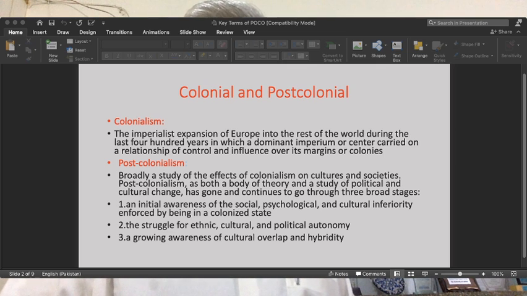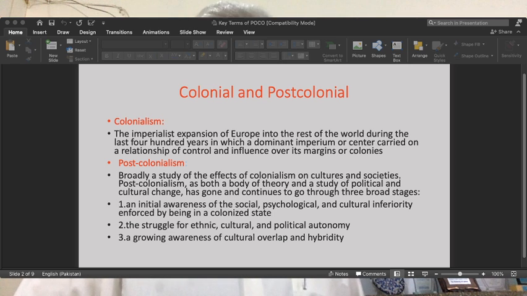That activity influenced the people who were colonized by the colonizer, and how these colonized people were pushed to the margins in the colonies, all that can be included in colonialism. And then you come to post-colonialism.